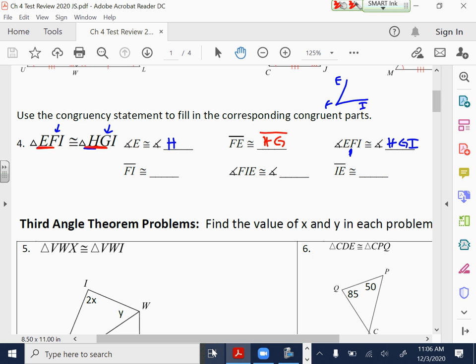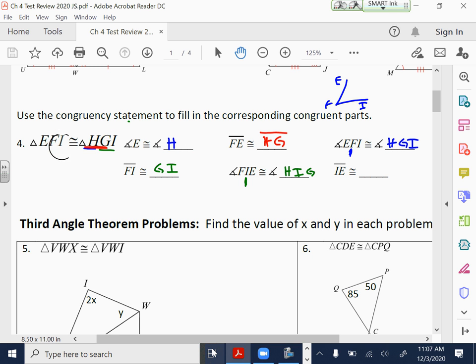Then FI is the last 2, so it's got to be GI for this one. Then I have FIE, so I is the middle one, so this one is congruent to the I in this one. So again, it doesn't matter which order you put it in as long as I is in the middle. So HIG.